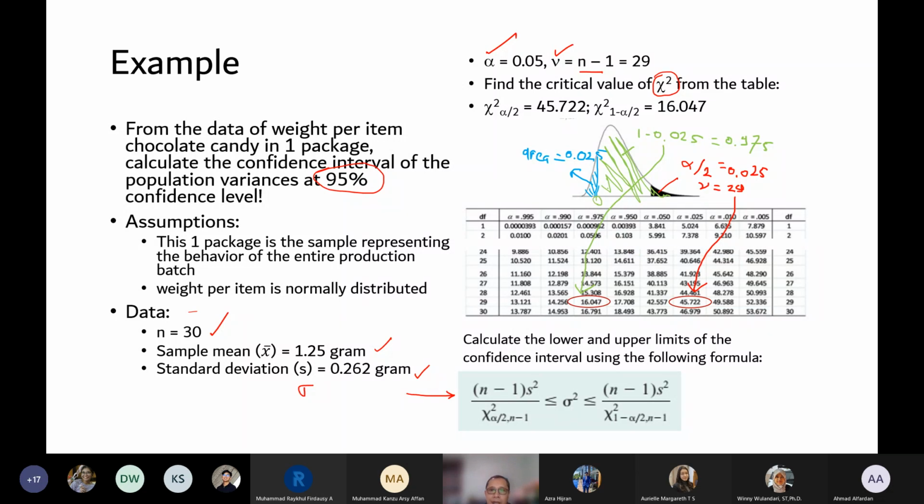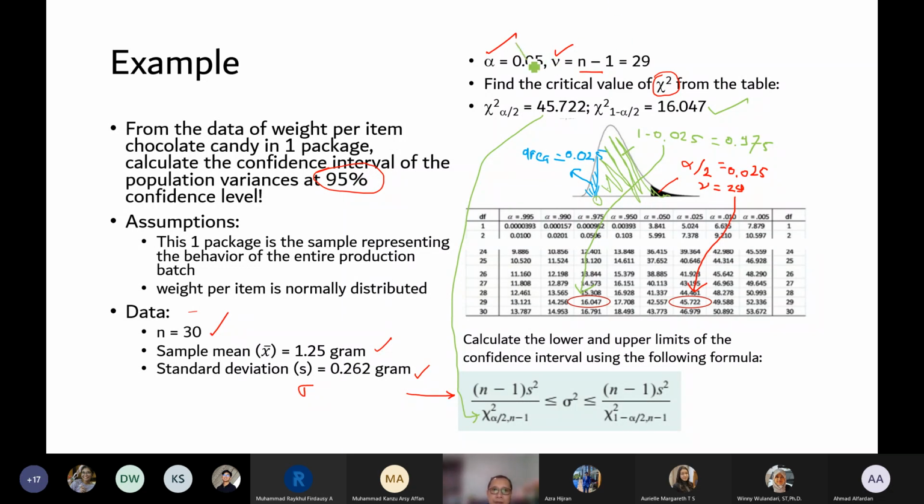Now be careful when entering these values into the formula, because note here that in the formula, they become the denominator, not the numerator, menjadi penyebut, ya. Karena mereka menjadi penyebut, maka jangan lupa ini harus dibalik, ya.